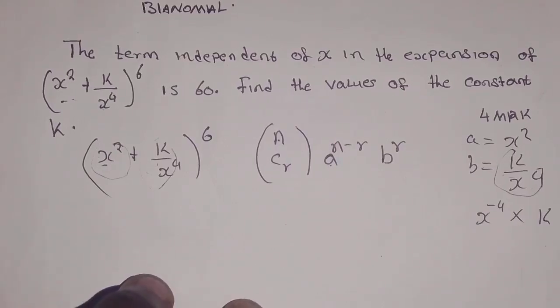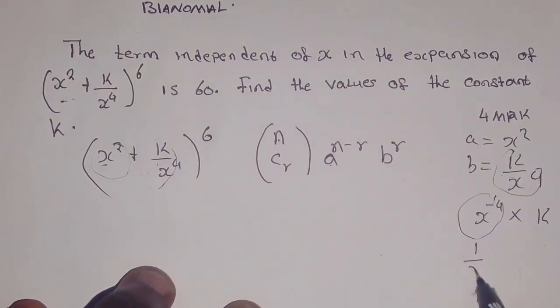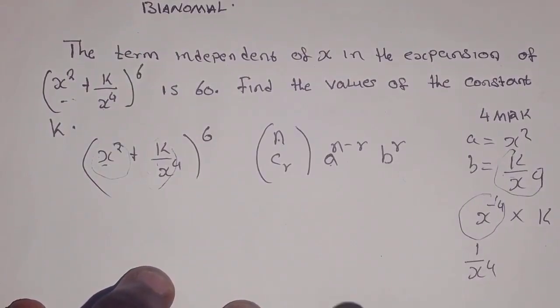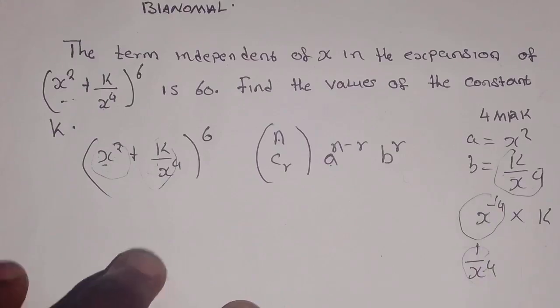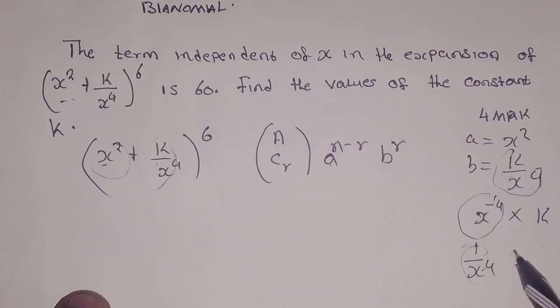So I'm going to explain why it can be written like this. If you see x to the power negative 4, it means 1 over x to the power 4. So this and this are one and the same; this is just the shortest way of representing it.